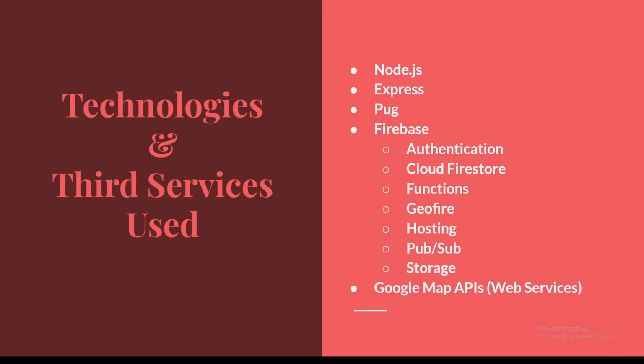So we are going to use Node.js and Express. The reason for using Express is to serve dynamic pages. And Pug too. Pug is for development purpose so that it will be easier for us to develop those dynamic pages. And the third party technology used is Firebase mainly.